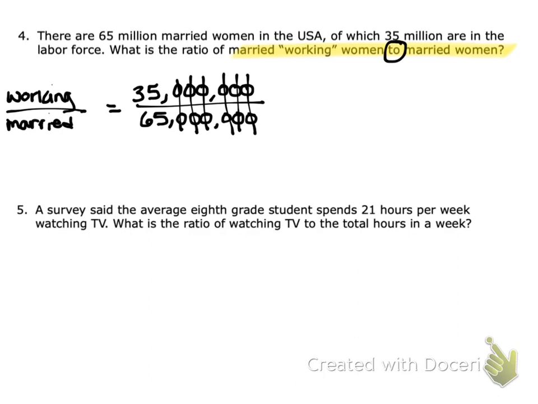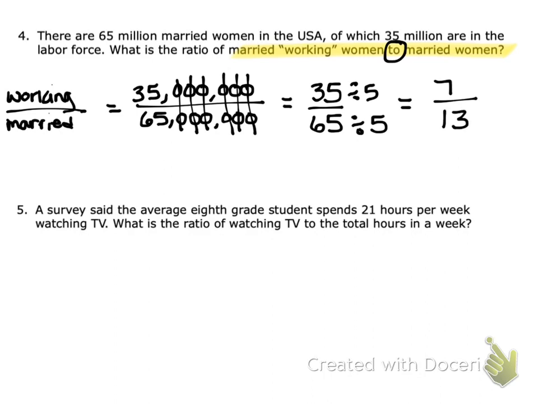But if the labels are the same, million, million, you're really just working with 35 over 65. What are those divisible by? 5. If I divide both top and bottom by 5, I get a ratio or a rate of 7 to 13. We always want to go simplest terms, which would mean fully reduced.